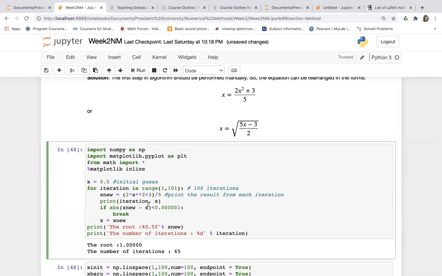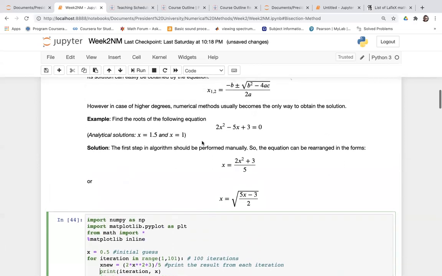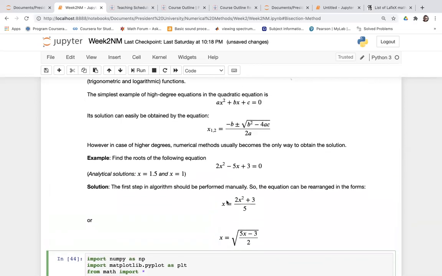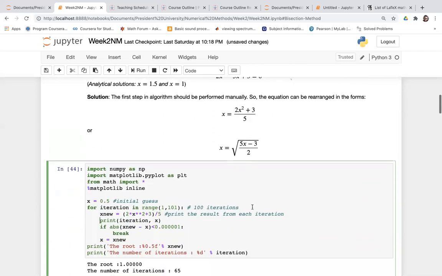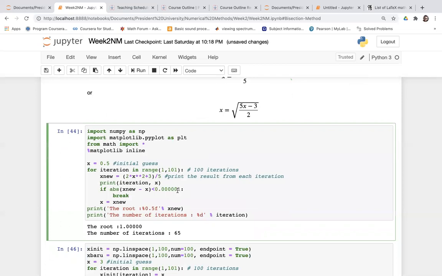If we are close to the exact solution, the x new and x old will be closer and closer. The difference between x new and x old becomes smaller and smaller. Therefore, I put the accuracy like this.